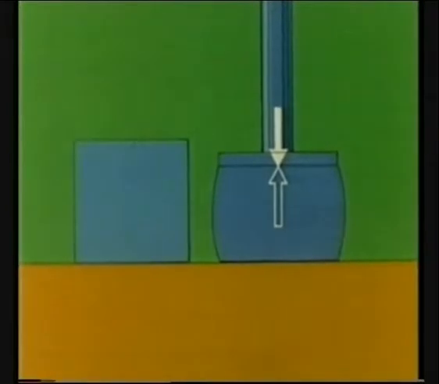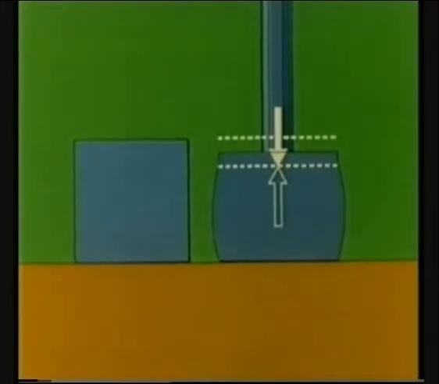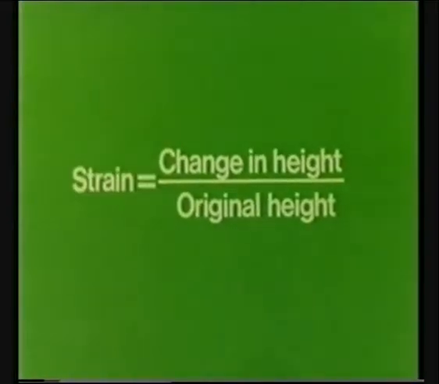If we compare this with the same block before it was deformed, we find it's lost height by this much. If we divide the loss of height by the original height, we get a new ratio. This ratio, change in height to original height, is known as strain.